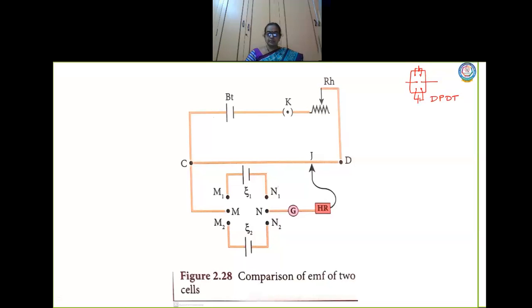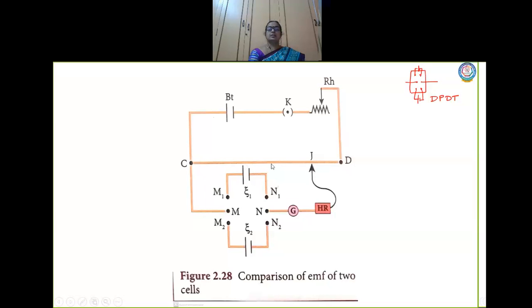Now what you do again? Press the switch to this cell. So this is ψ1. Now this cell will be included in the circuit. After you include the cell in this circuit, you move the jockey. Start sliding the jockey over this wire.